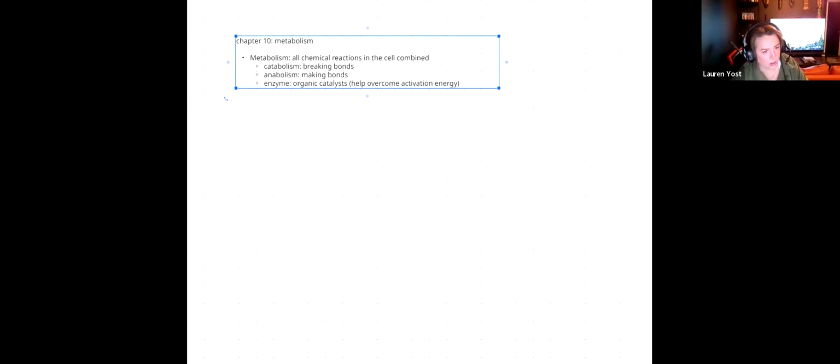So yeah, organic catalysts, which help overcome activation energy, and they can be used over and over again, and aren't permanently altered. Okay, cool. So that's basically that.